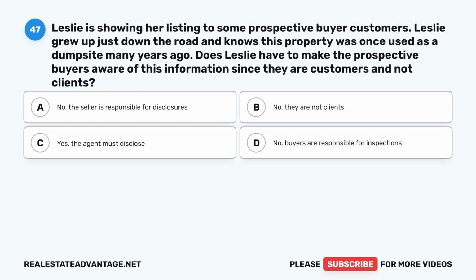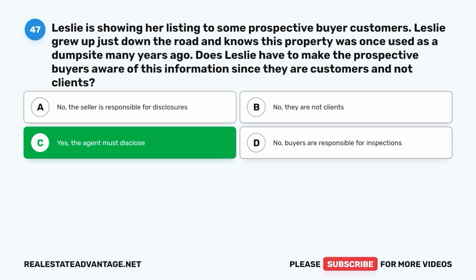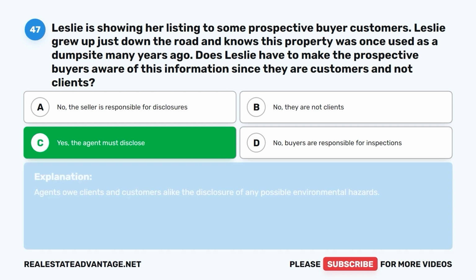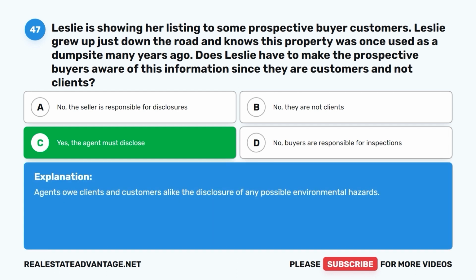B. No, they are not clients. C. Yes, the agent must disclose. D. No, buyers are responsible for inspections. The correct answer is C. Yes, the agent must disclose. Agents owe clients and customers alike the disclosure of any possible environmental hazards.